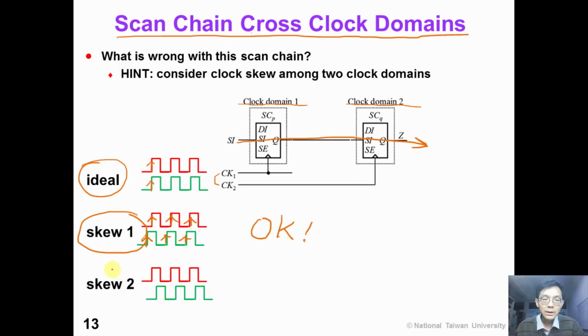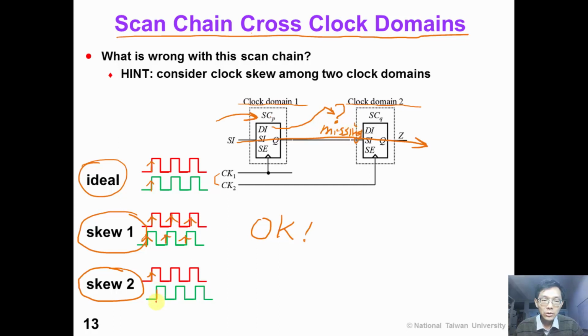However, consider the second case where the rising edge of clock 1 is ahead of the rising edge of clock 2. At the rising edge of clock 1, the new data will be shifted into scan cell P. At this time, clock 2 is still not active, so the data will be missing.